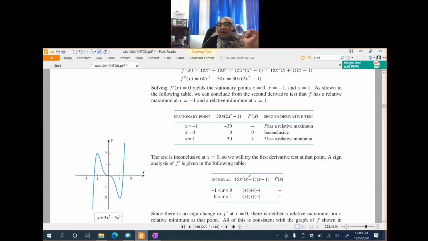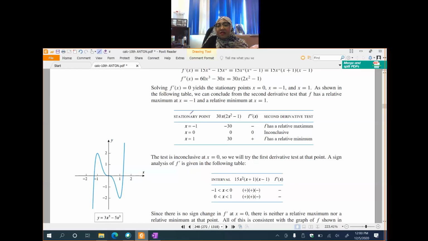If you test f prime at the critical points, obviously you will get f prime equal to 0. So that's why you check the interval.